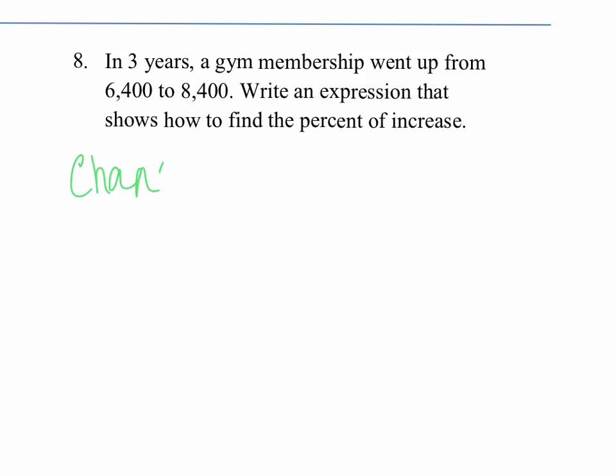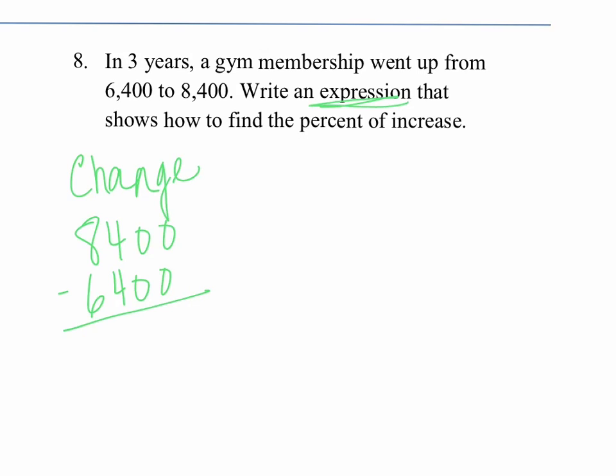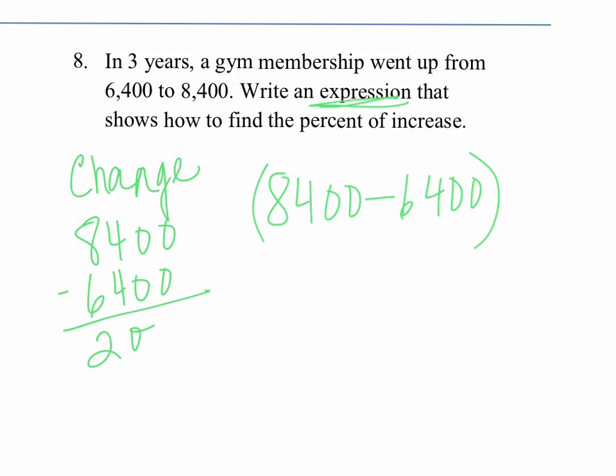The change can be gotten from taking the 8,400 minus the 6,400. So as part of an expression, we take 8,400 minus 6,400. That would give us our change of 2,000.